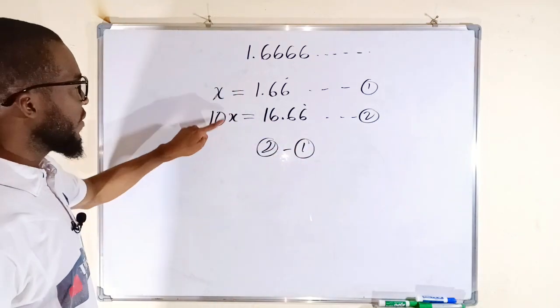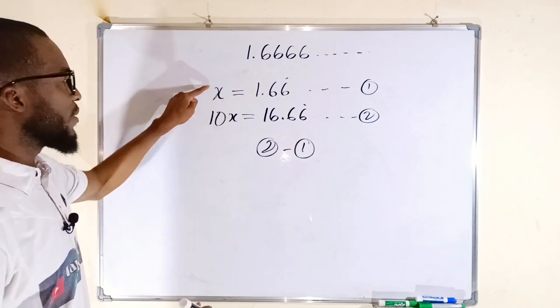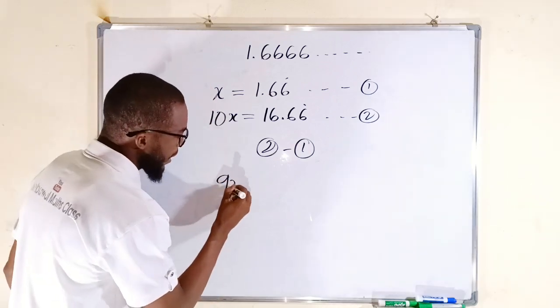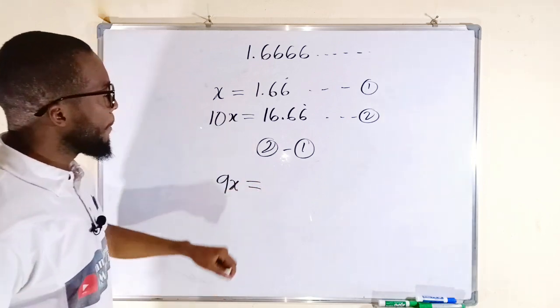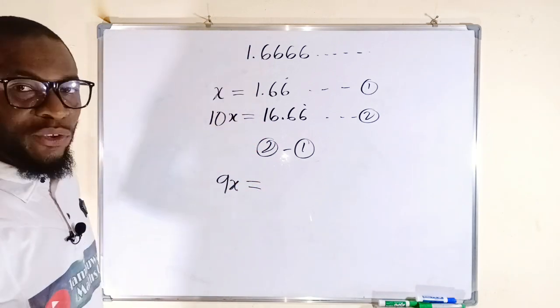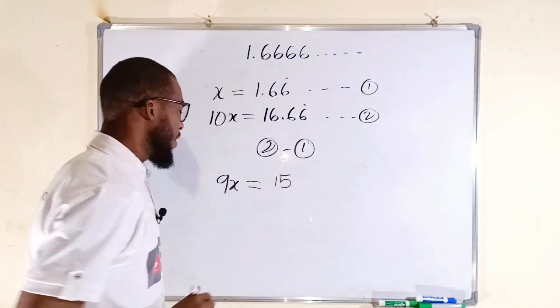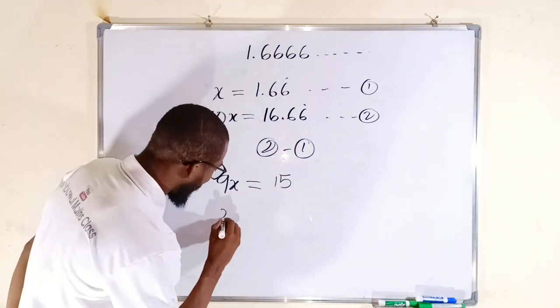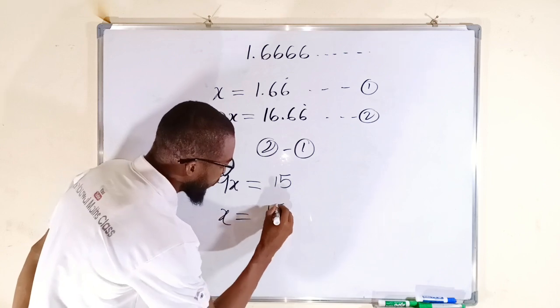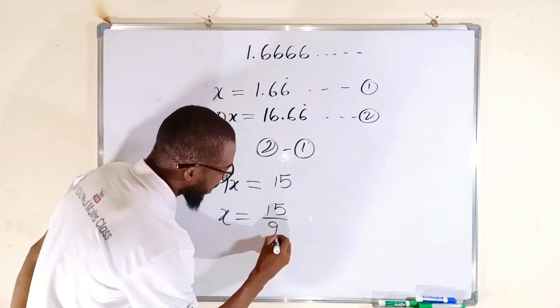To the left, this minus this will give us what? 9x equal to. This minus this will give us 15 exactly. So this is 15. Divide both sides by 9. You have x equal to 15 divided by 9.